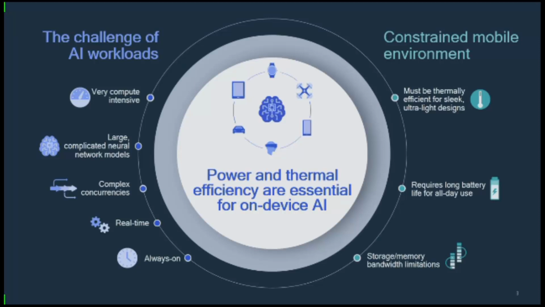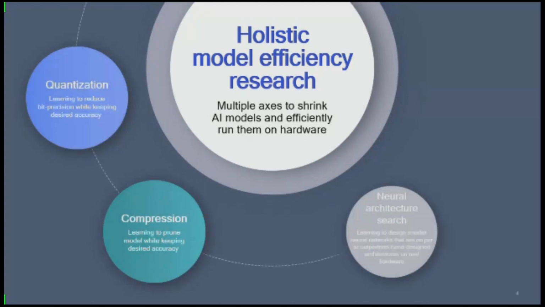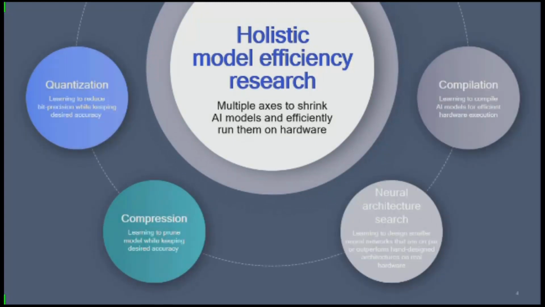And also, sometimes, as mentioned in previous talks, memory storage and bandwidth are a limitation. So in order to solve that, Qualcomm has been doing holistic research, including quantization, compression, neural architecture search, and compilation.